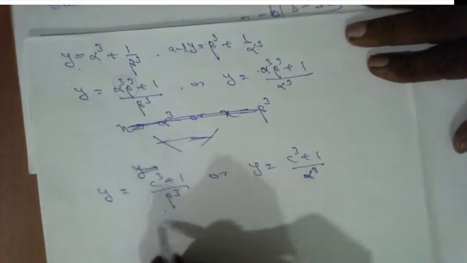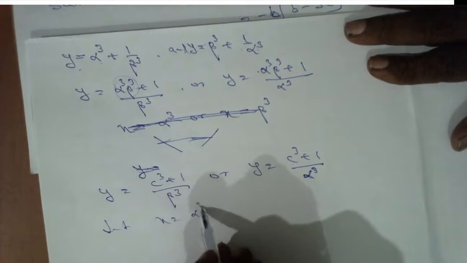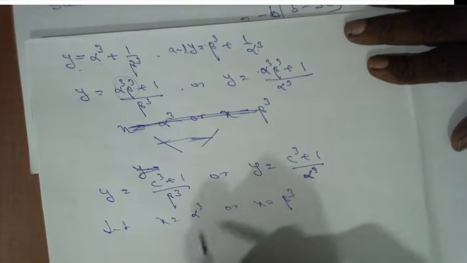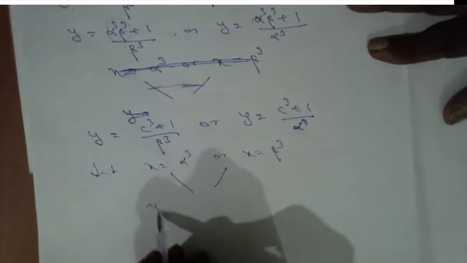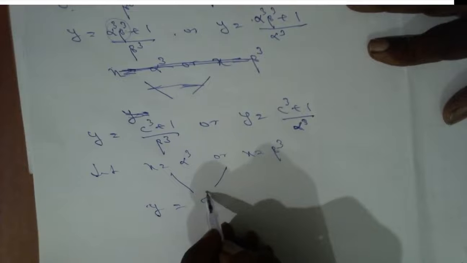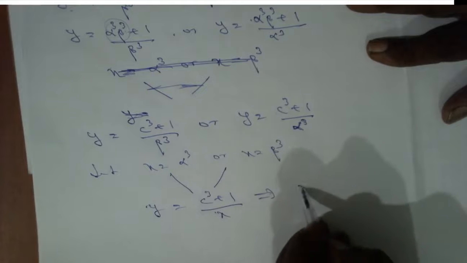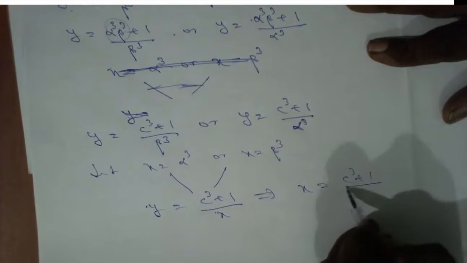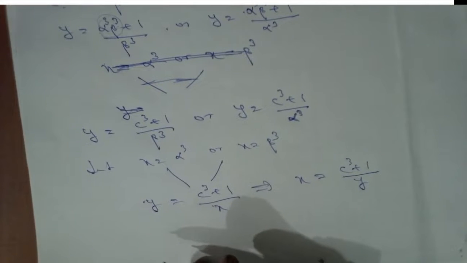Now let x equals alpha cube or x equals beta cube. Now you can take the relationship between two variables. Then y equals c cube plus 1 over x. Now x equals c cube plus 1 over y. Now you have to substitute this in which equation?